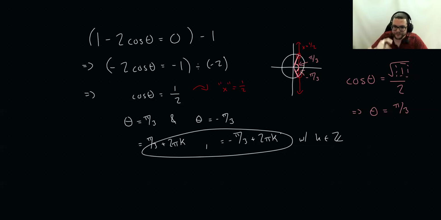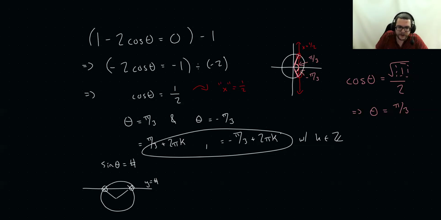visualizing intersections, right? Again, if you have sine theta equals a number, you're going to draw your circle. You're going to draw a horizontal line of y equals whatever that number is. The intersections give you your answers. Like you saw here, if I have cos of an angle equals a number, I draw my circle. I make a line where x equals whatever number that is, and those intersections give me my solutions.